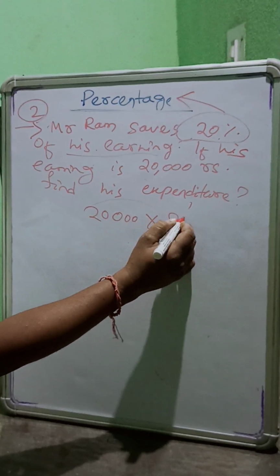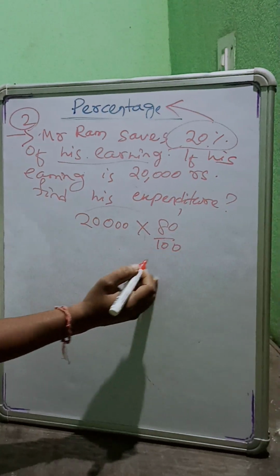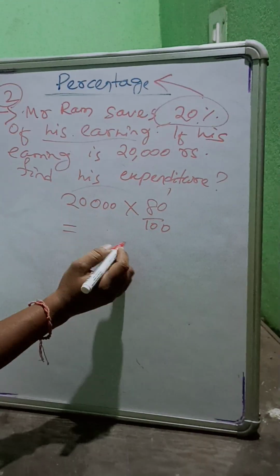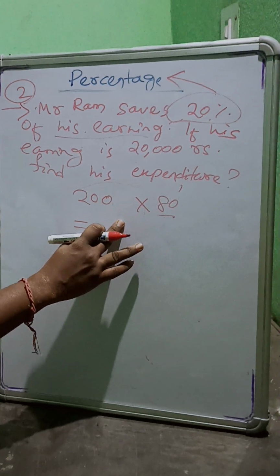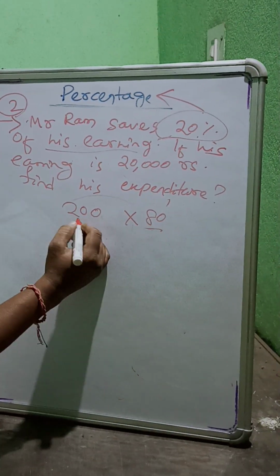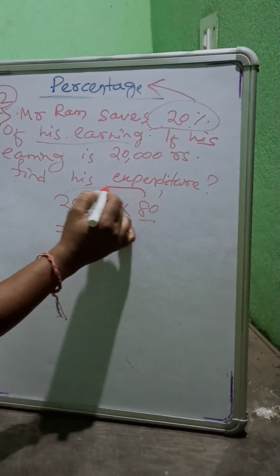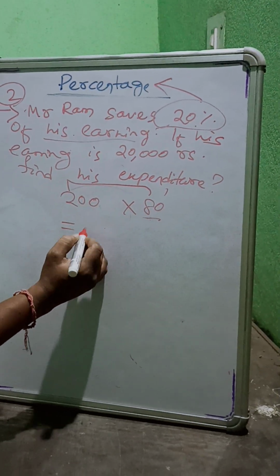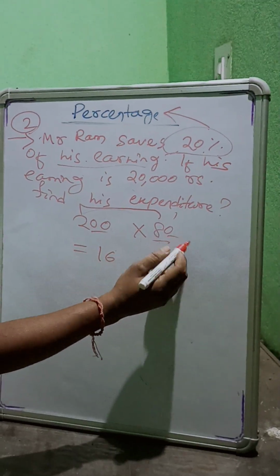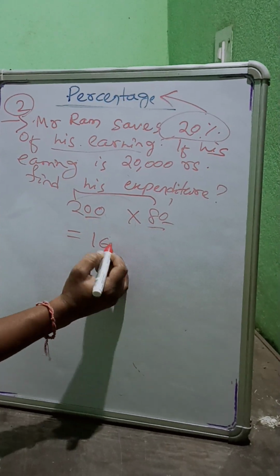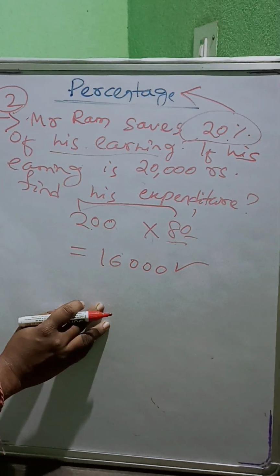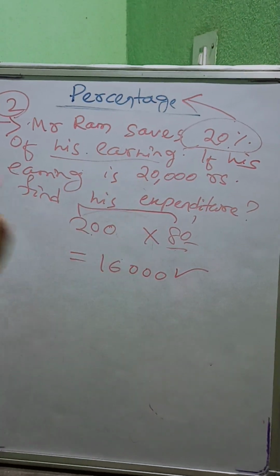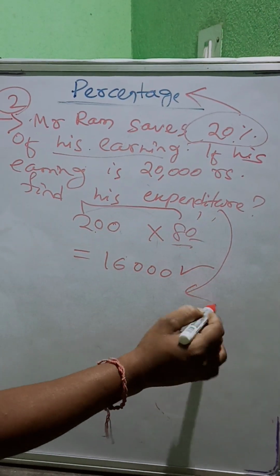20,000 into 80 by 100. So let's cut down 0 0 0 0. 80 into 200. See, 8 into 2, 16. The zeros are calculated. 16,000 is the expenditure.